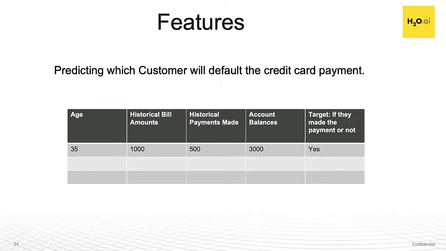So these four things, age, historical bill amounts, historical payments made, and account balances, together constitute features. These are the properties of the things that we are trying to learn about, and we are trying to learn whether he will repay his loan on time or not. These are also called variables or parameters.